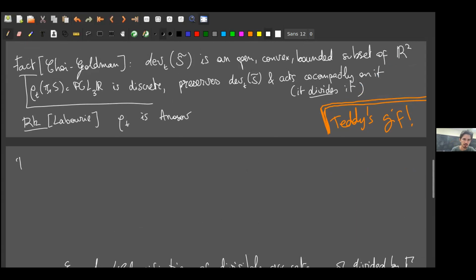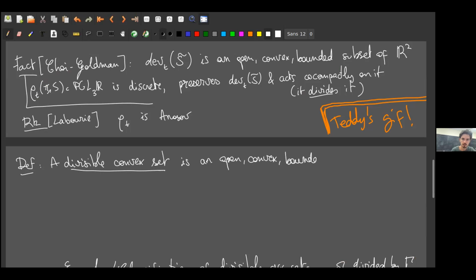So now what is a divisible convex set? A divisible convex set is an open convex bounded subset of an affine chart of some projective space RPD. I forgot to say this bending procedure above actually also works in higher dimensions.